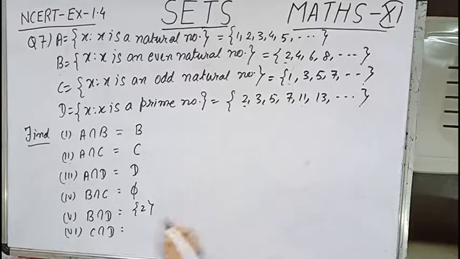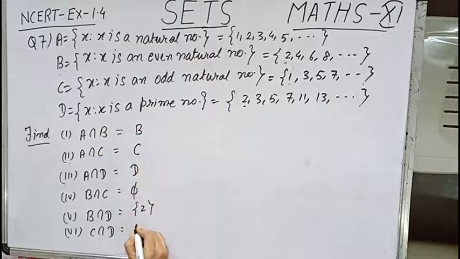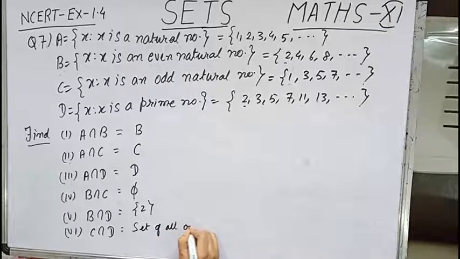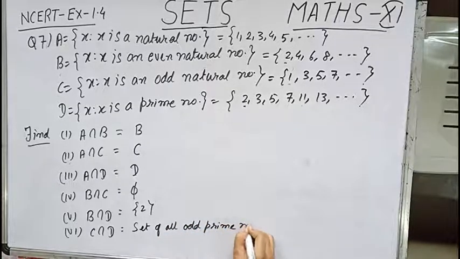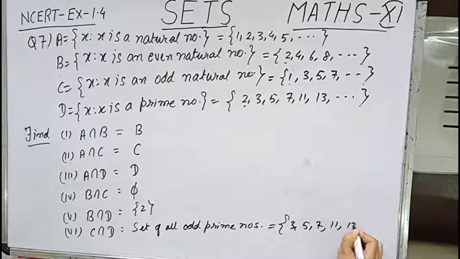So we can say that C intersection D, that is the intersection of these two, will be the set of all odd prime numbers. So we can write it in set form also as 3, 5, 7, 11, 13 and so on. This is the answer.